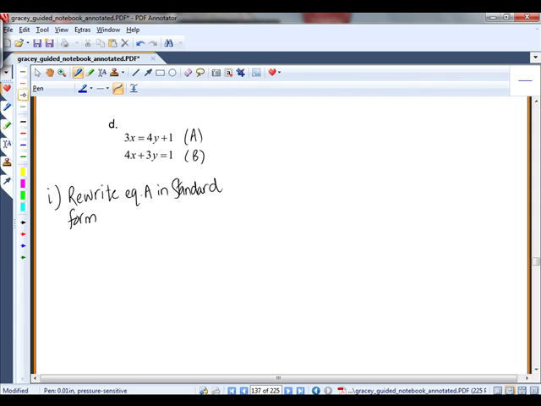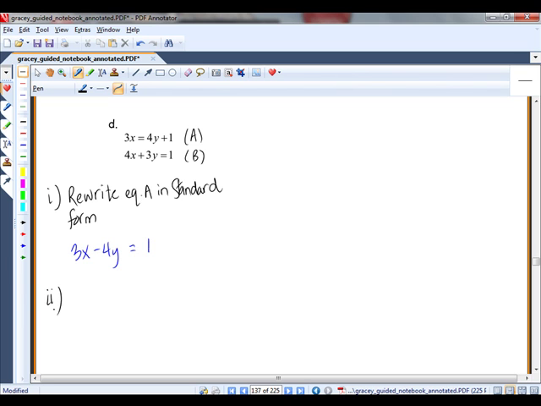To do that, we just need to subtract 4y from both sides. So 3x minus 4y equals 1. Now we have our next step. How do we need to change these around? Good, we're going to need to change both of them around, aren't we?